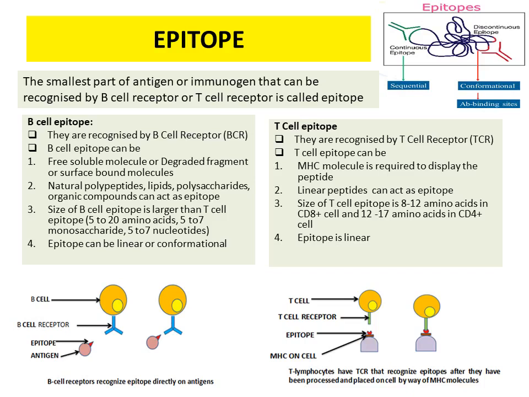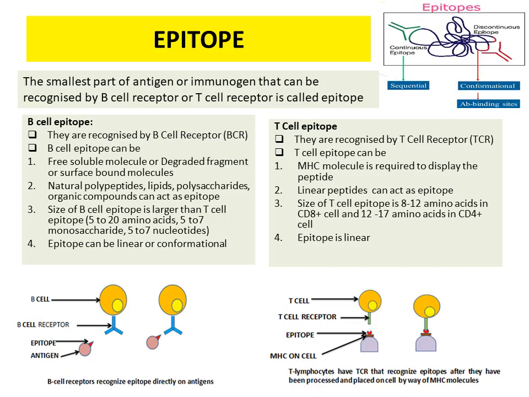Linear means a continuous stretch of strand, right? And conformational means it shows a 3D structure with folding. Different folds, when combined together, form the conformational epitopes.